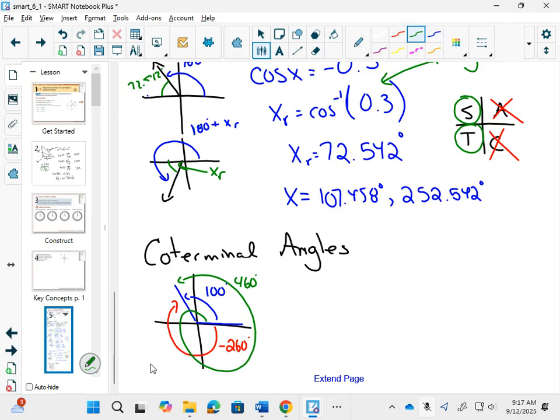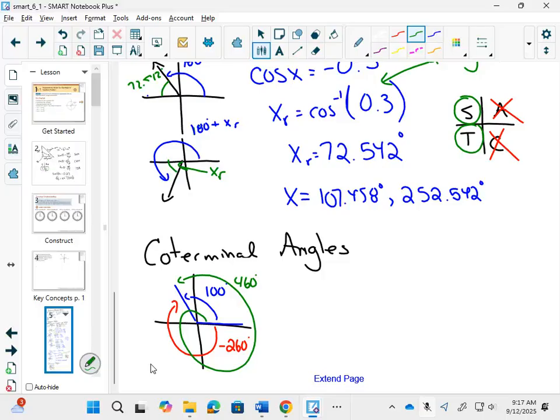And the name of what we're doing here, coterminal, kind of is the definition. Sometimes what we name something sort of tells us the definition. Remember I told you what the terminal arm is? The terminal arm is where the angle ends.